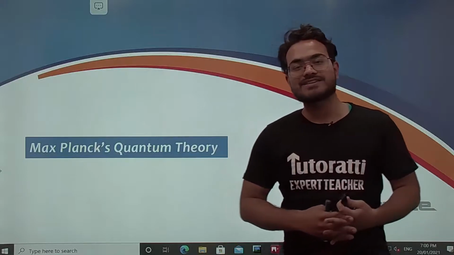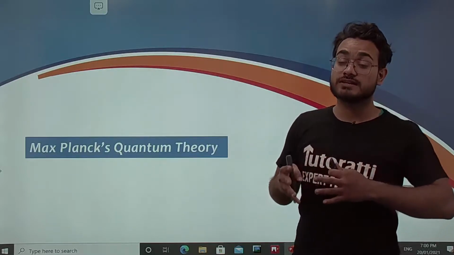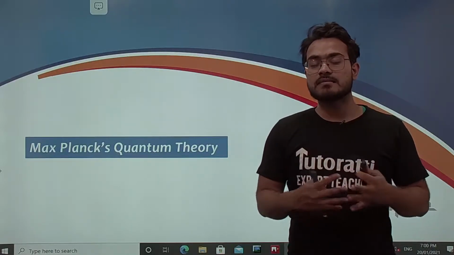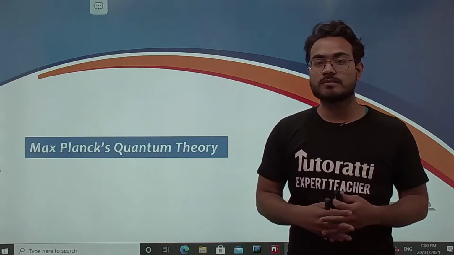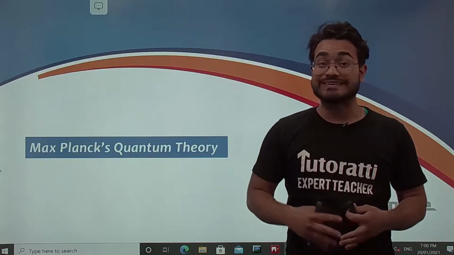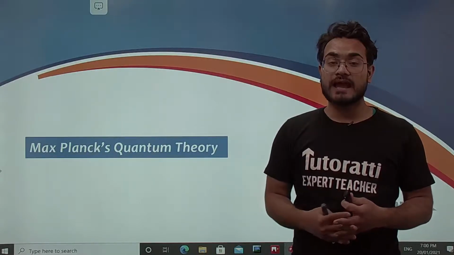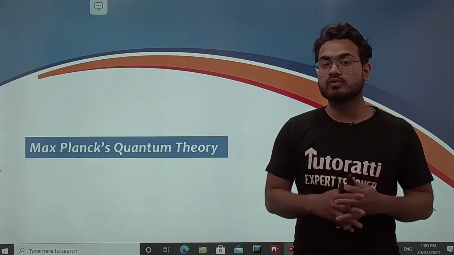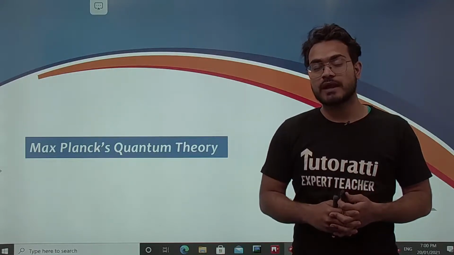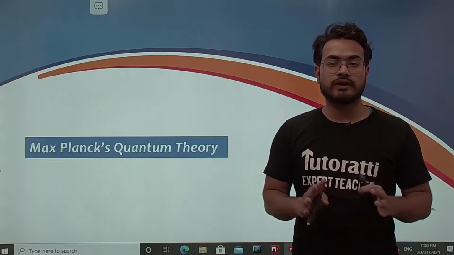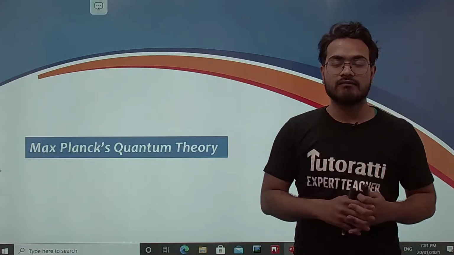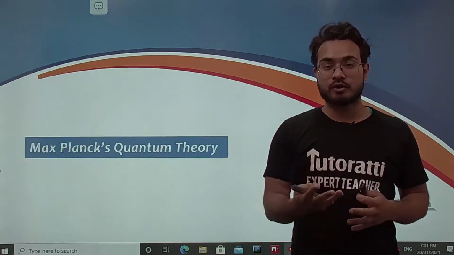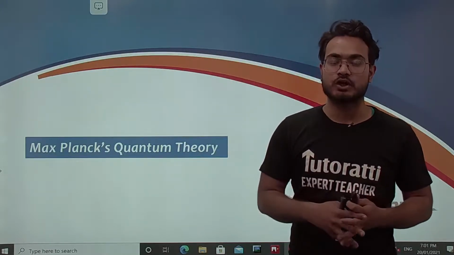So in the last three sessions, we have studied the basic models, that is Thomson's atomic model and Rutherford's model, and we also learned about Maxwell's theory and how it was not very good, and we disproved it with some experiments, black body radiation and Wien's displacement law.